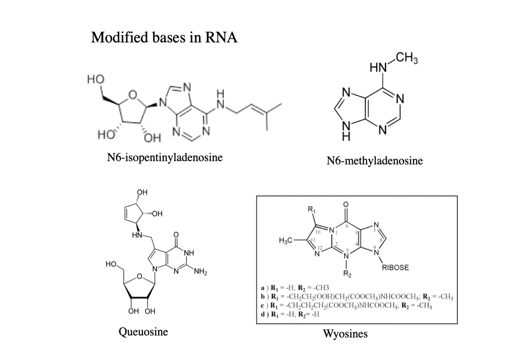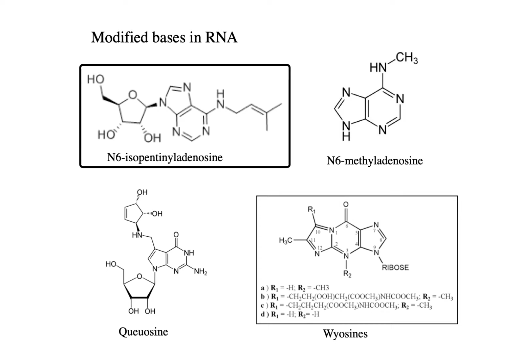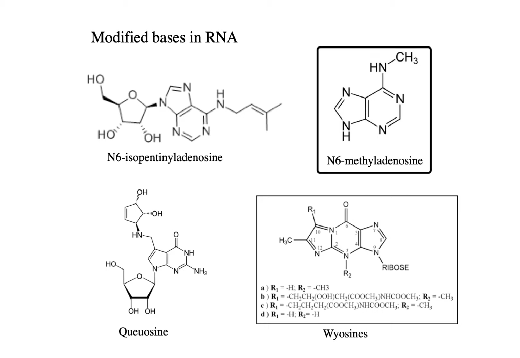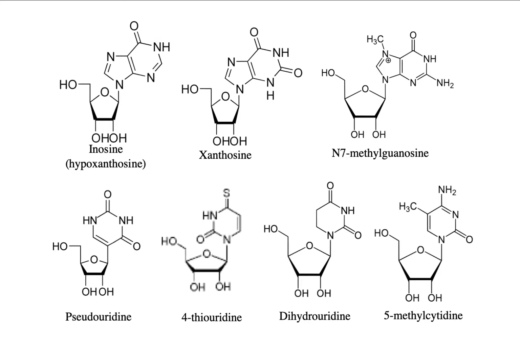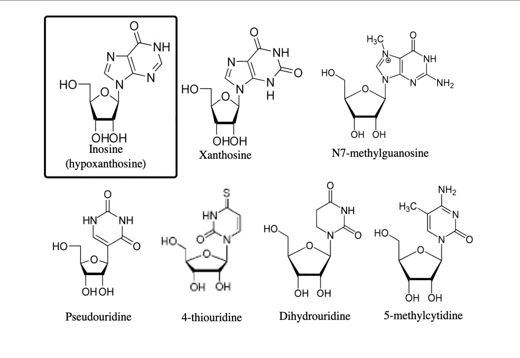RNAs contain not only A, G, C, and U, but they contain many other bases. One here is N6-isopentenyl adenosine, 6-methyl-adenosine, queuosine. And here are some other bases. Inosine.